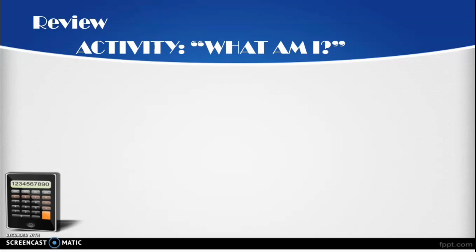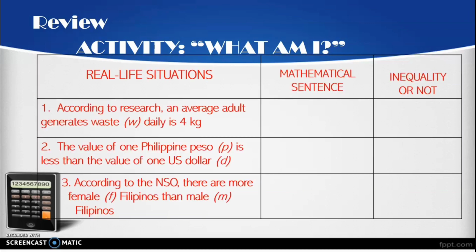We have an activity, "What am I?" These are real-life situations that we need to translate into a mathematical sentence and determine whether it is an inequality or not. Number 1: according to research, an average adult generates waste W daily of 4 kilograms.